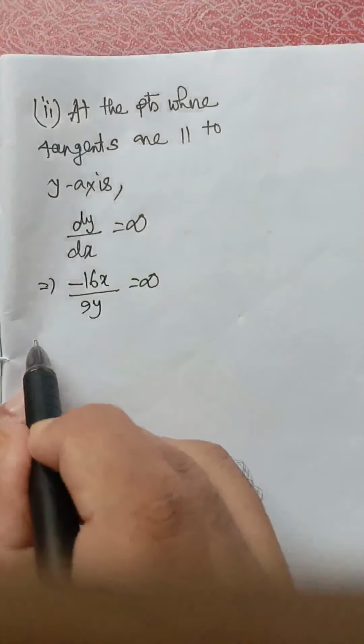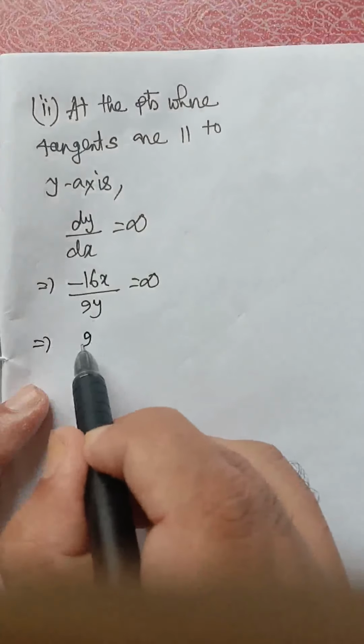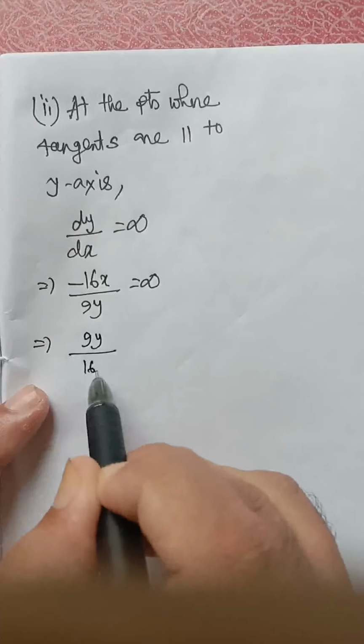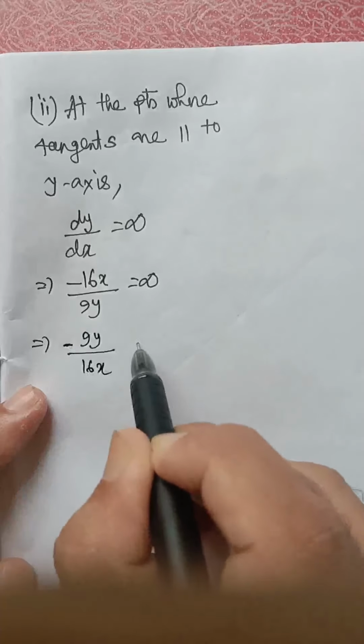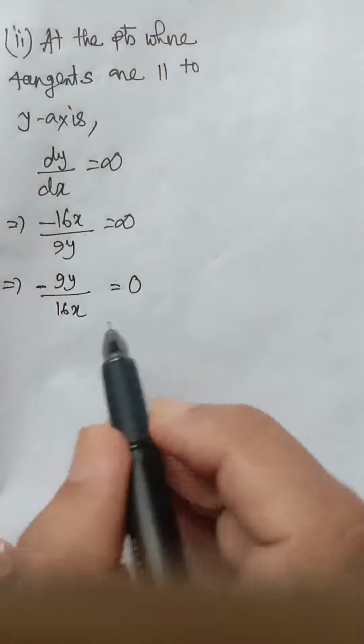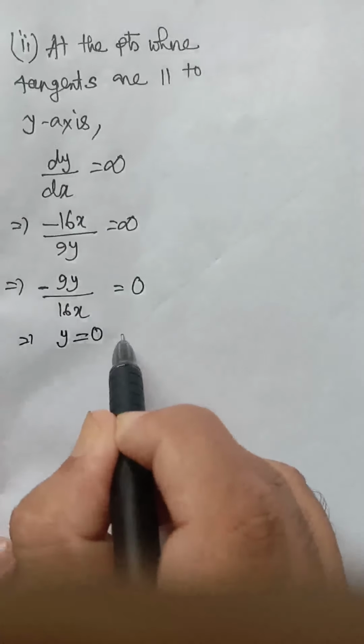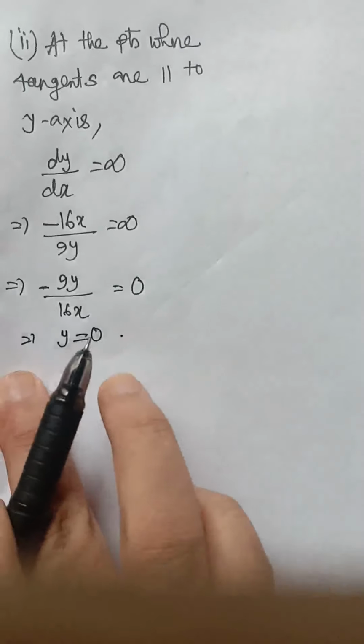Putting the value of dy by dx, we get this equal to infinity. Taking reciprocal, 9y by 16x is equal to 0. Reciprocal of infinity is 0. So taking reciprocal, we get this, and from this relation we get y equal to 0. Now we have to find the point on the curve.